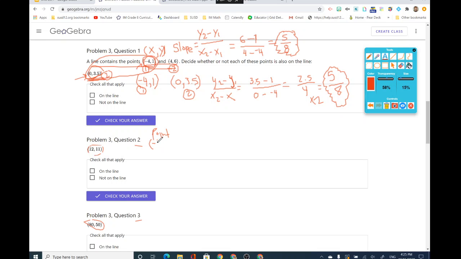I'll write it down again so that I don't get confused. -4, 1, that's point 1. And then point 2, can I just call that P2? That's a little easier for me. Point 2 is given here in question 2. The coordinates are 12, 11. I'm going to write that down so that I don't get confused. I still might get confused, but I'll try not to.